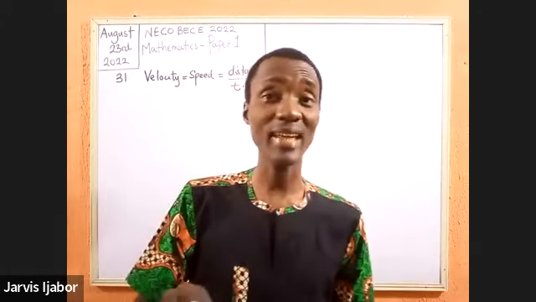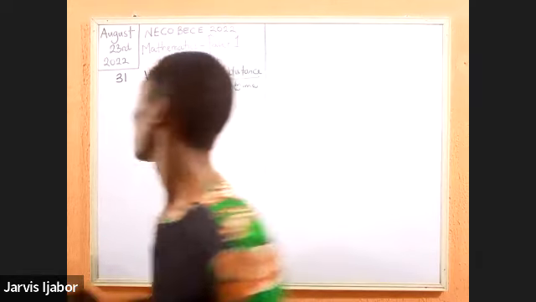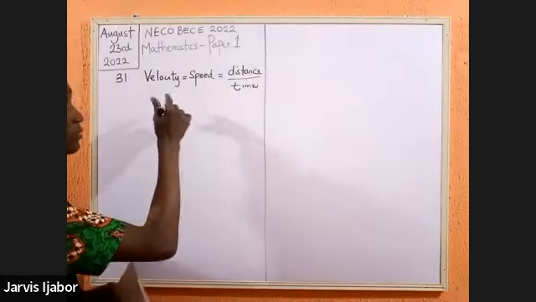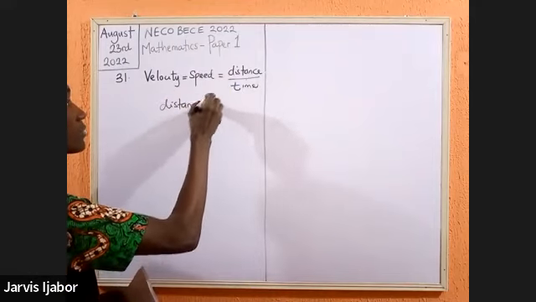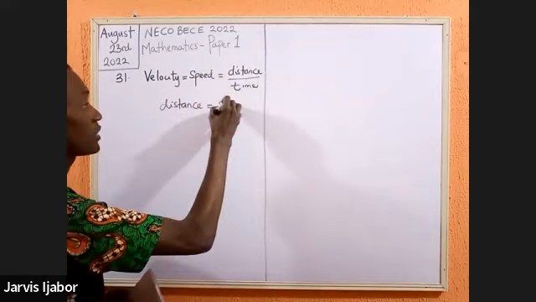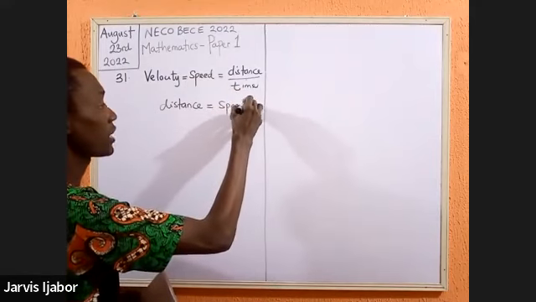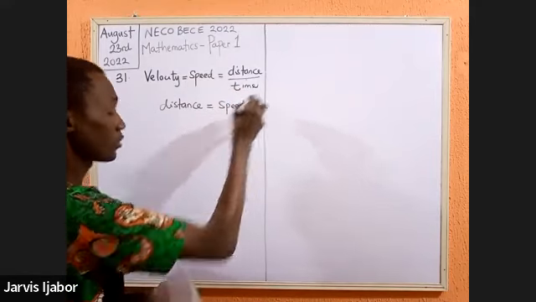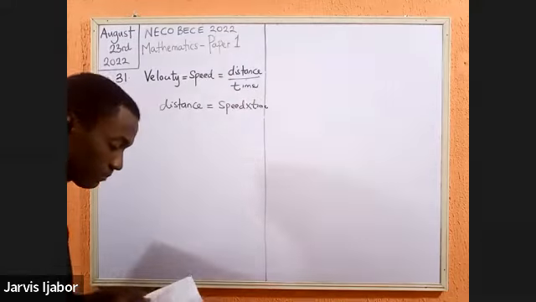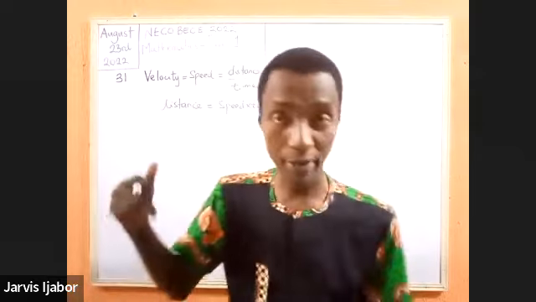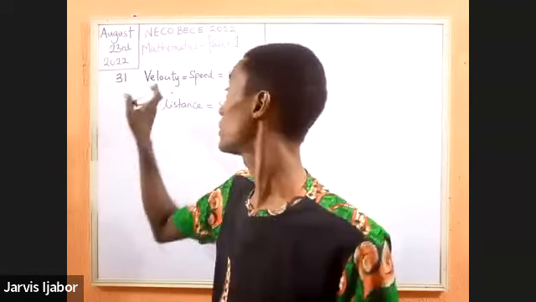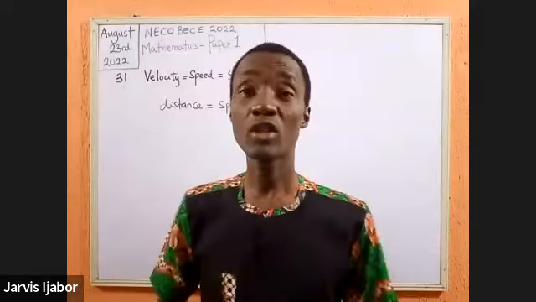I said direct. It's actually inverse. Thank God I had to write the formula. So it means that distance will be equal to speed times time, from your knowledge of change of subject of formula.